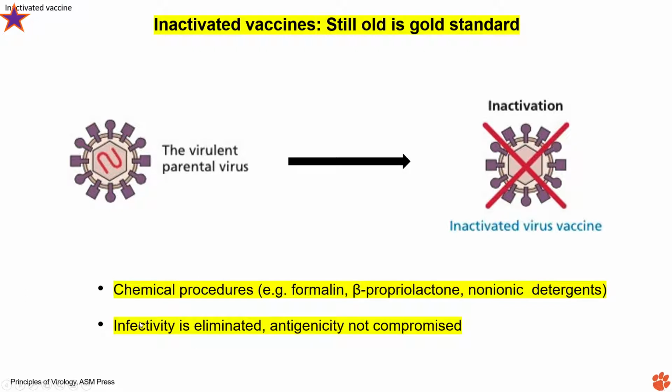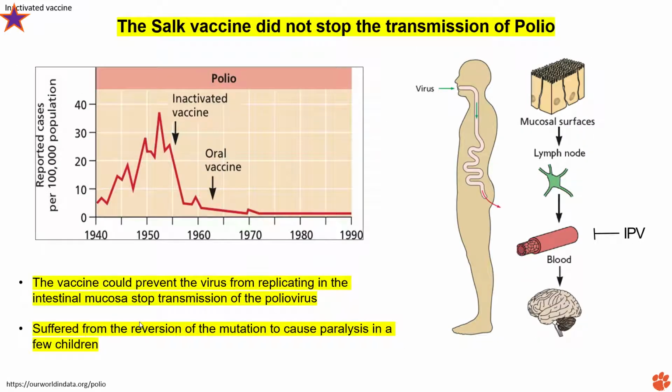All right, so here is one of the slides where we can ask what were the drawbacks of Jonas Salk's vaccine, which did not stop the transmission of the polio.